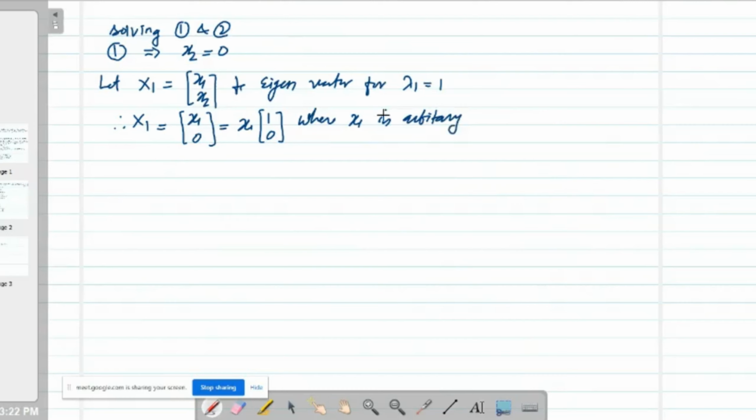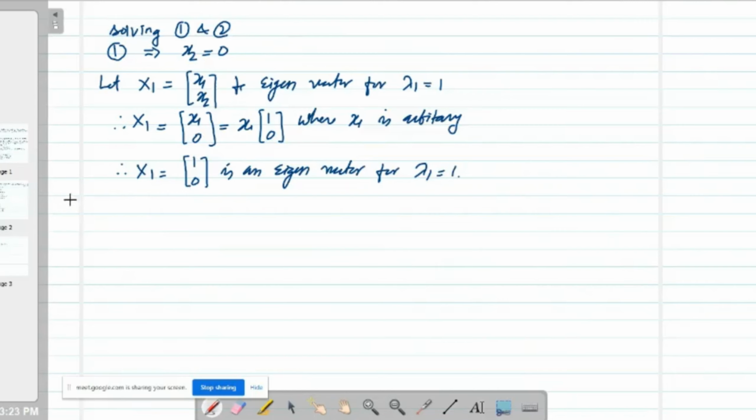Arbitrary means you can choose any value of x1. If I take x1 equal to 1, you will get 1, 0 is an eigenvector for lambda 1 equal to 1.